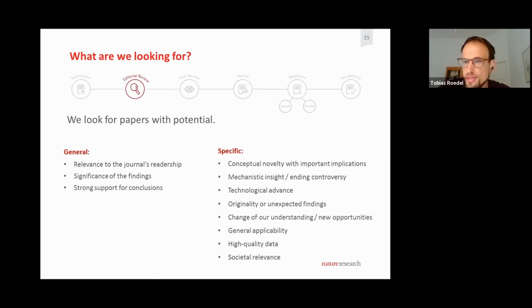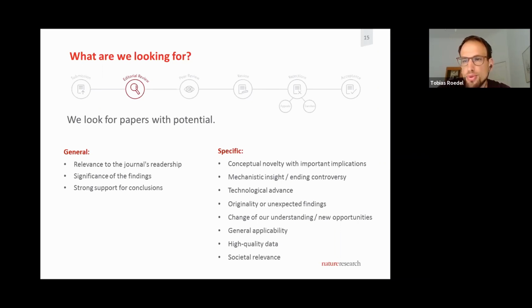And then sometimes we get these breakthrough papers, which really change our understanding of a certain phenomenon, or an observation gives new opportunities for a field of research to dive into. And then especially at Nature, it's very important that the results are generally applicable. So let's say you observe or explain a mechanism, or observe a certain phase in one material.